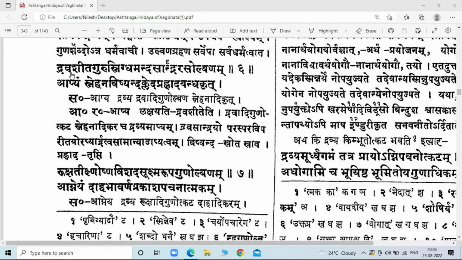And there is a distribution pattern. Prithivyap tejo vayu vrittihi. Tatra shitaha jale. Jale shitasparsha. Ushnas tejasi. Anushna shitaha prithvi vayuho. So Prithvi is Anushna Shitam, which was not mentioned in our text. It is not coming under our discussion point.